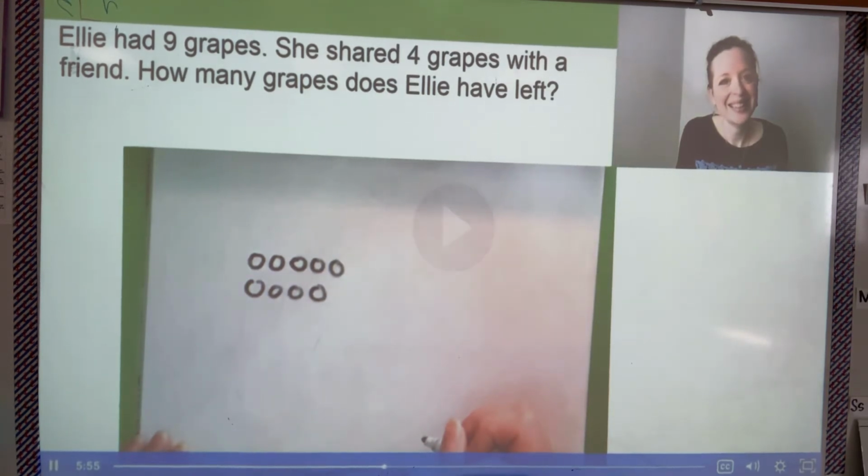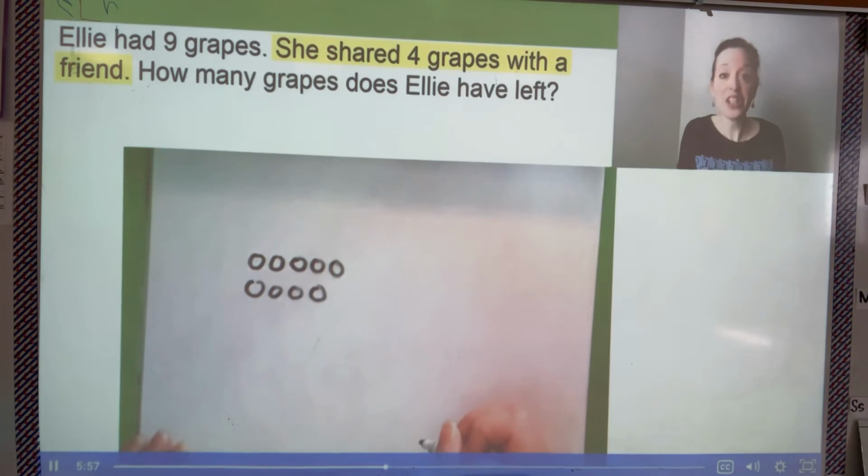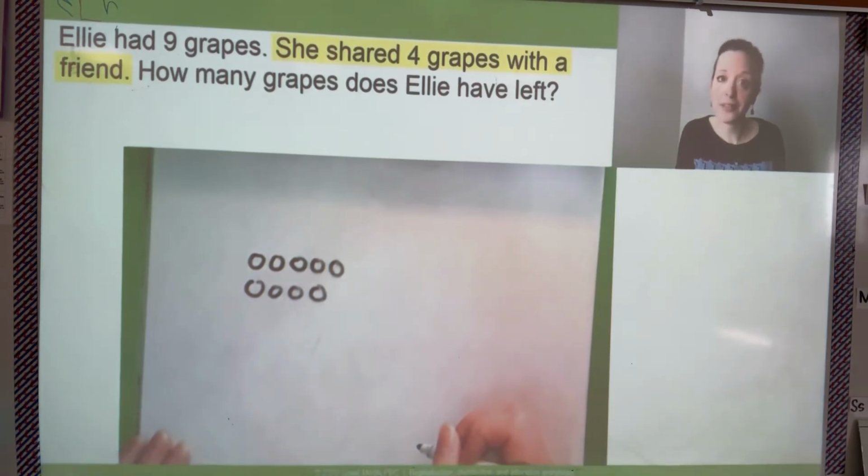Miss Kate, what, Nicole? When I draw on paper, I don't have erasers, so I can show my mom. Okay. She shared 4 grapes with a friend.